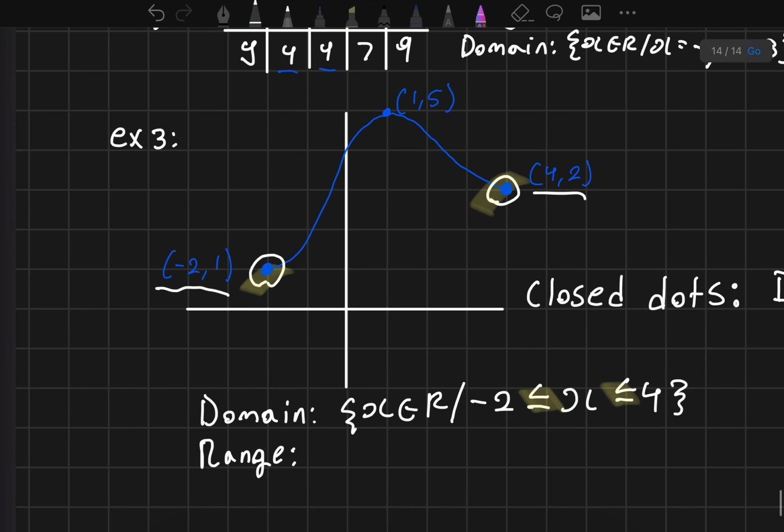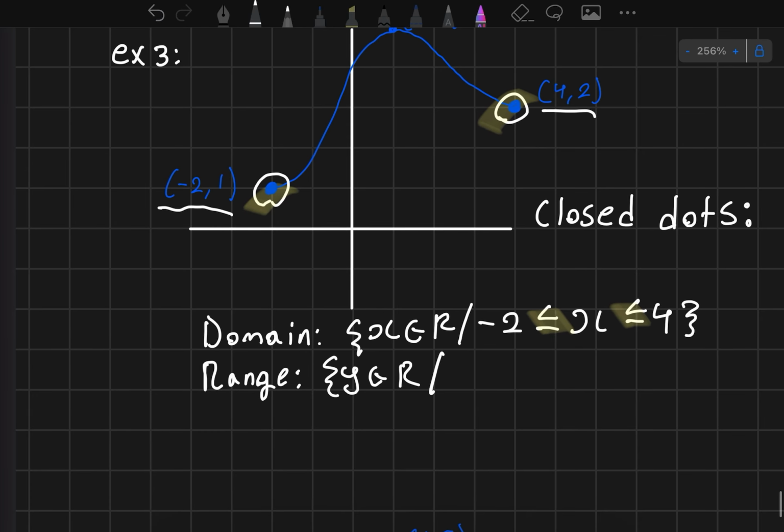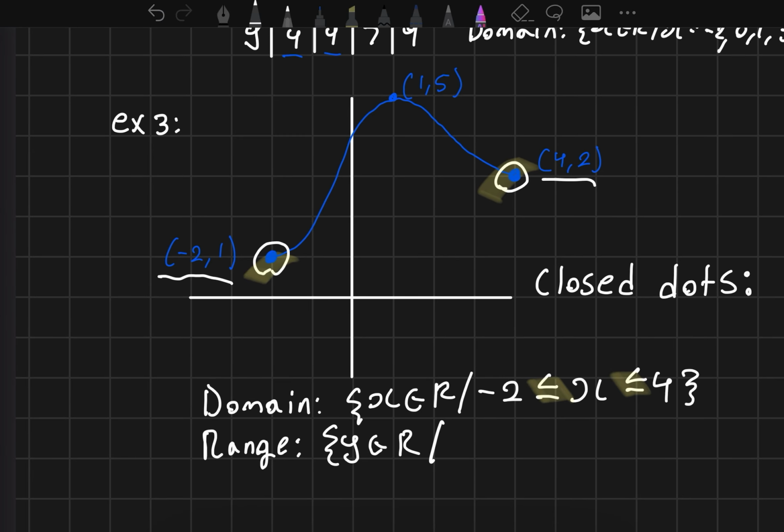Now for the range, it's basically the same concept. First, y is an element of all real numbers. And then we can see here that the lowest value is 1 and the highest value is 5.